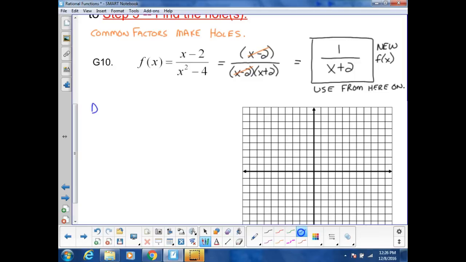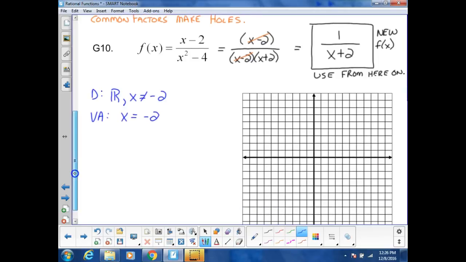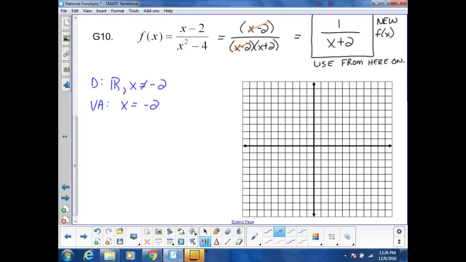So, new function now. What's the domain? That gives me a vertical asymptote at x equals -2. Degree of the top, 0. Degree of the bottom, 1.